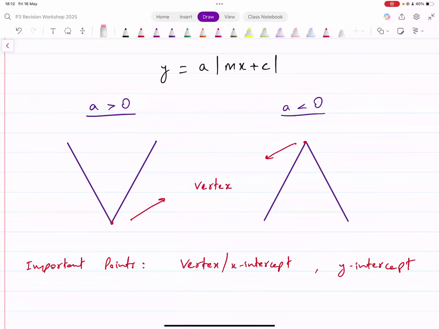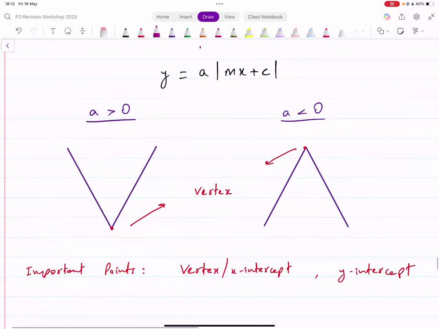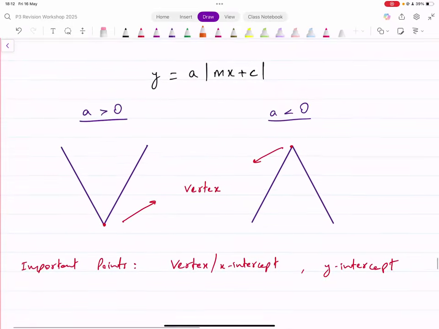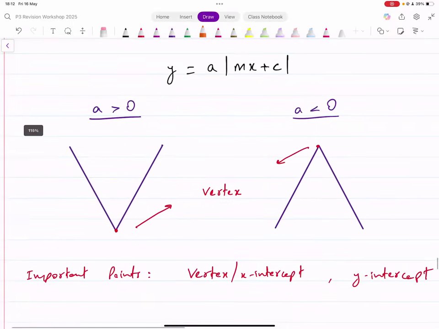V or inverted V. This number that's multiplying outside, if that is positive, then you have a V shape. If that is negative, then you have an inverted V. It's going to be one of these 2 shapes, depending on whether the number outside is positive or negative.